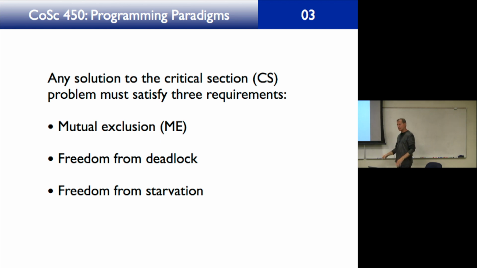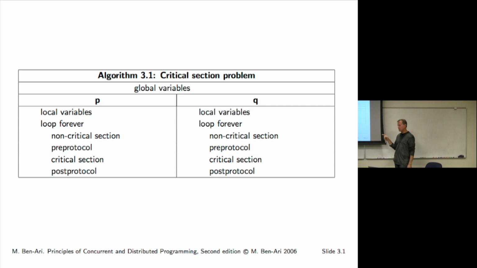Now, here comes the big concept. Any solution to the critical section problem must satisfy these three requirements, and we have to be very familiar with these. First of all, we have to have mutual exclusion. Now, what does mutual exclusion mean in terms of this code for P and this code for Q?